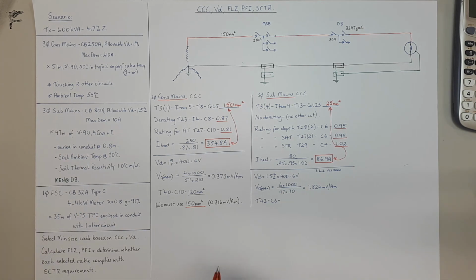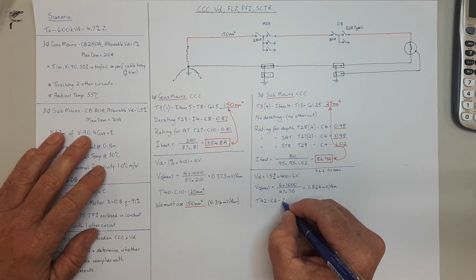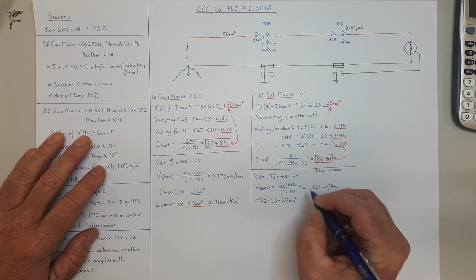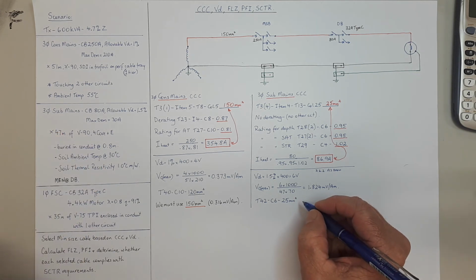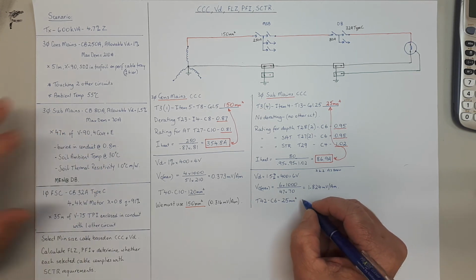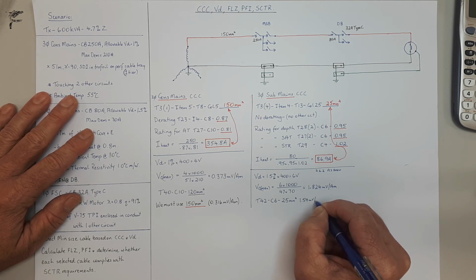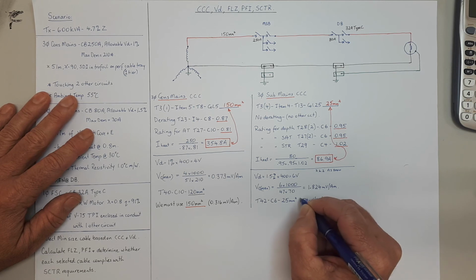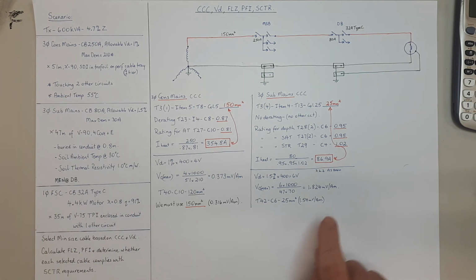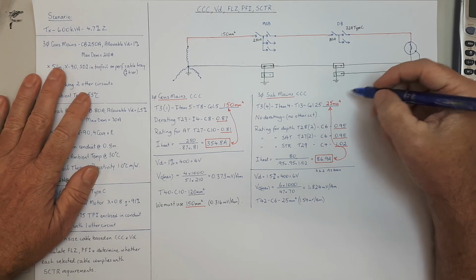So we can get away with 25 mil cable. And it turns out 25 mil is 1.54 millivolts per ampere meter. It's not particularly relevant now once we know the answer, because we're looking for the cable, but it'll be relevant for what we do in one of the later videos.